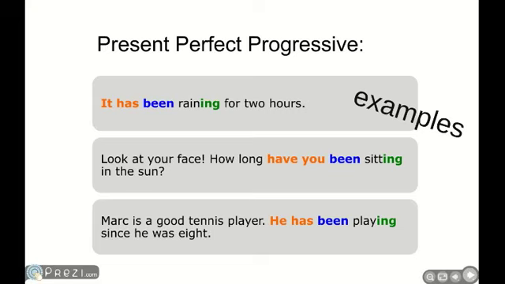How long have you been sitting in the sun? Or, Mark is a good tennis player. He has been playing since he was 8. Now the present perfect progressive forms are already highlighted in color. It has been raining, so present perfect progressive. Have you been sitting, so present perfect progressive. And also, he has been playing.